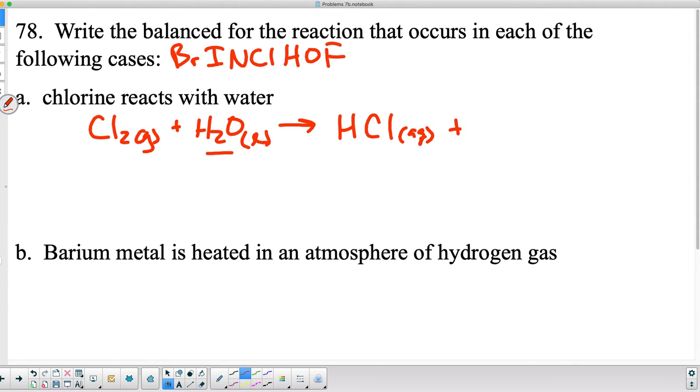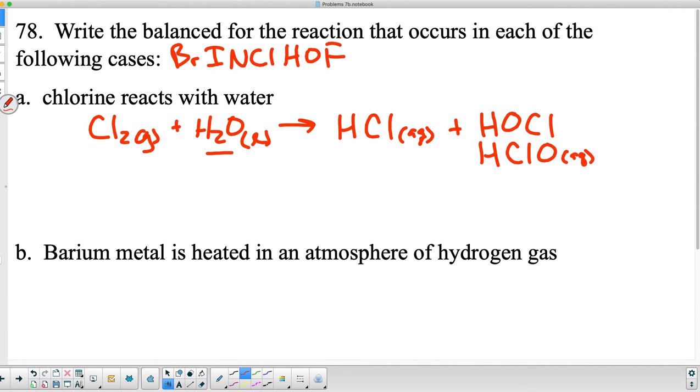And then what happens on the other side is something that's not very typical, but we will see it written like that. The other way you may see it written is HClO. So this is hydrogen hypochlorite, and this is one of those things that's like a disinfectant. And this is also dissolvable in water, like that.